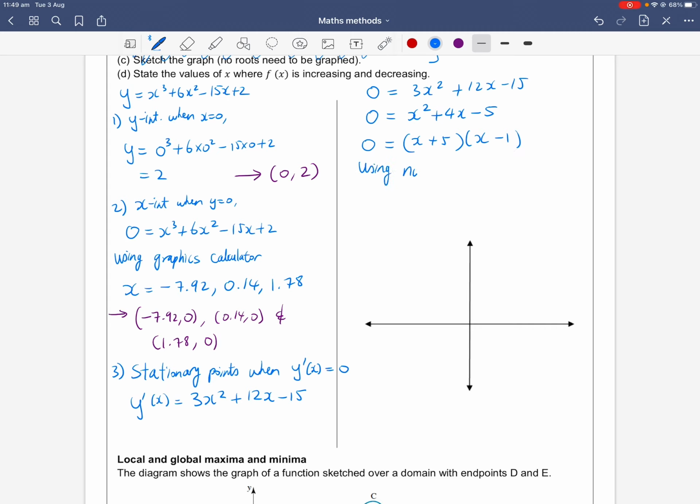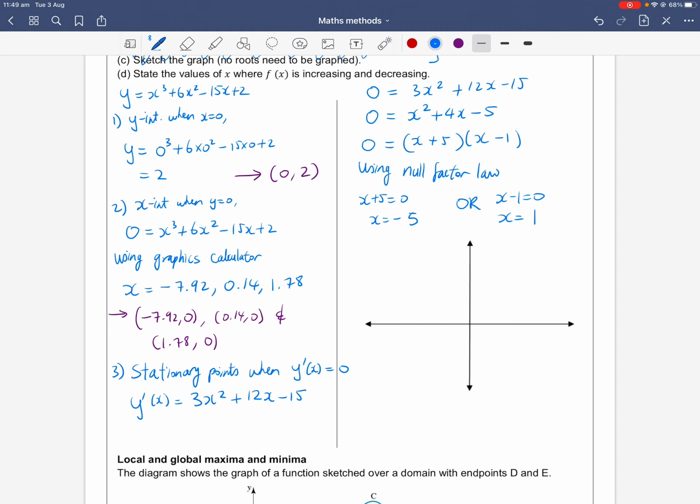Then using the null factor law, we have that x plus 5 equals 0, in other words, x is minus 5. Or we have that x minus 1 equals 0, in other words, x equals 1. So these are our two x values for our stationary points.